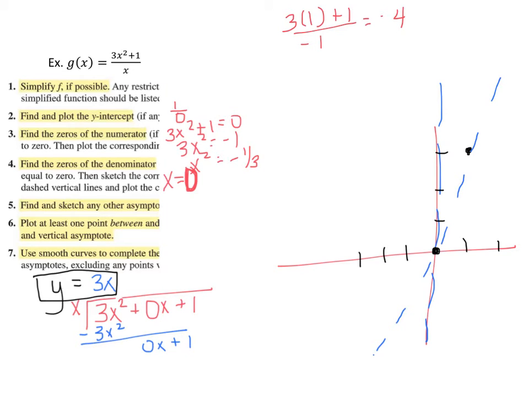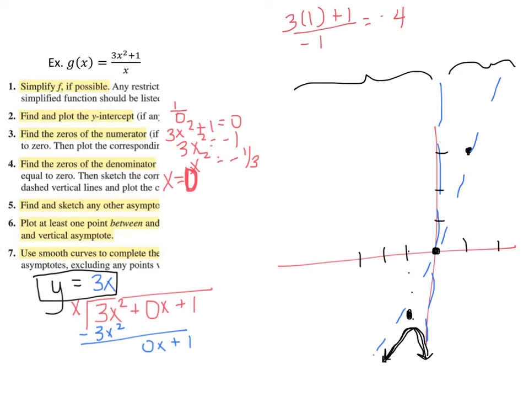Now I know that my diagonal line has to go left 1 and down 3 before I get to my next point. So if I'm going down 4 at this point, I'm definitely going to be below. So here's where this one falls, and this is the left side of my vertical asymptote.